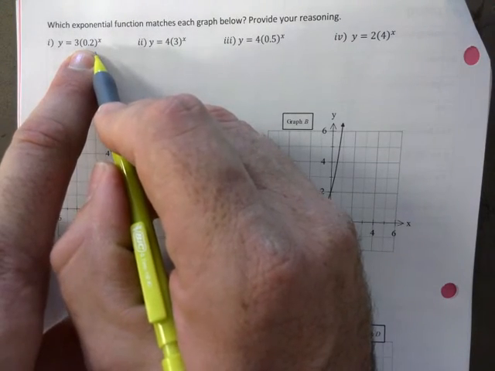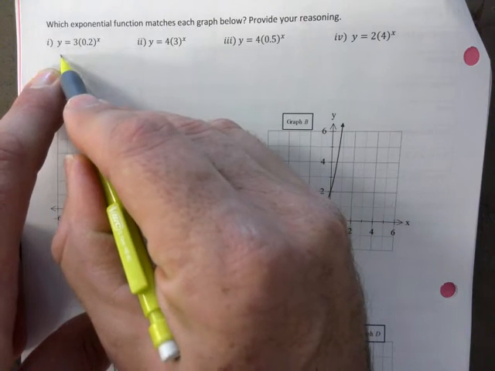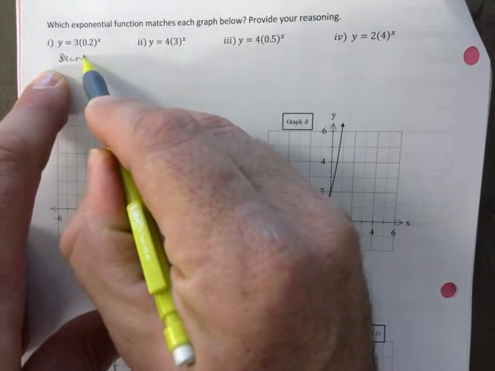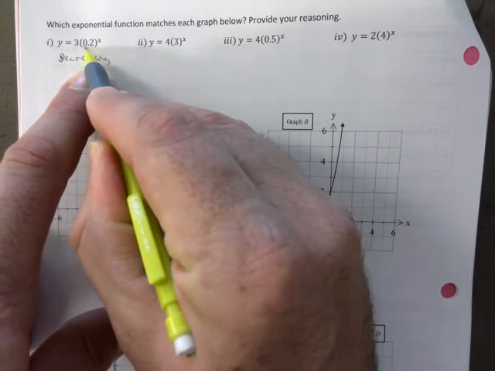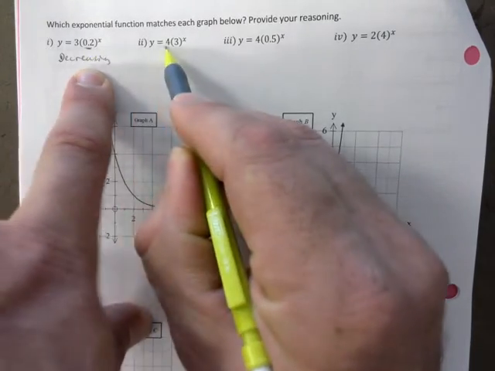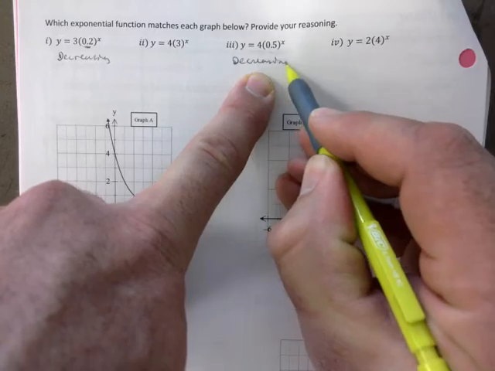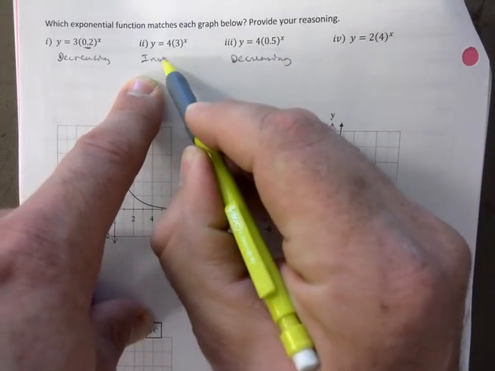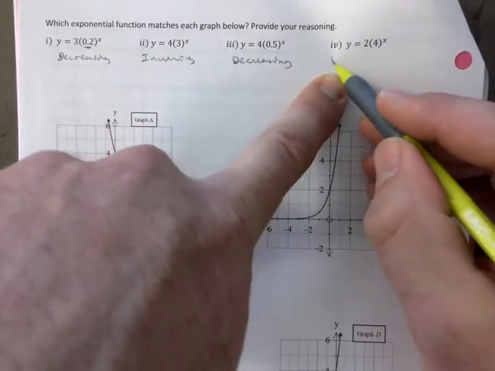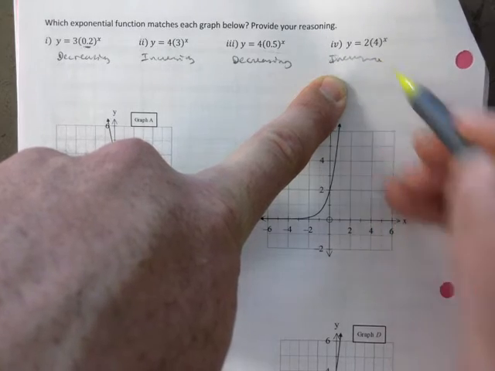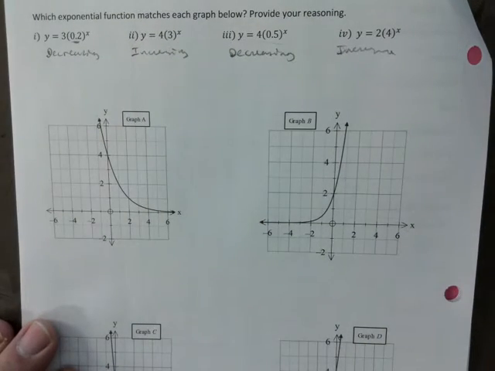What I'm going to do, first of all, guys, I'm going to tell myself this is decreasing, because this is between 0 and 1. I scan, another decreasing right here, which means these two are increasing. It's like a doctor's note, right? Increasing.